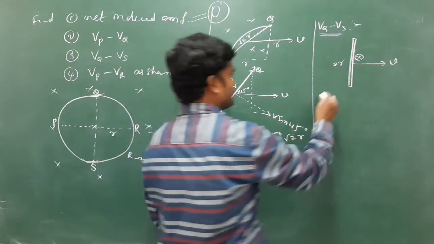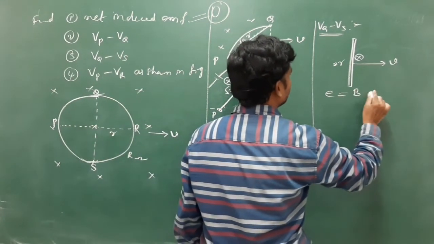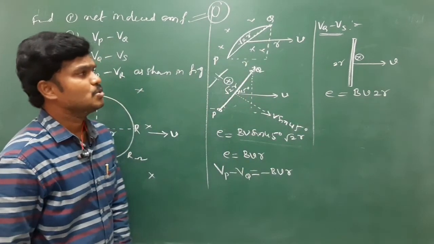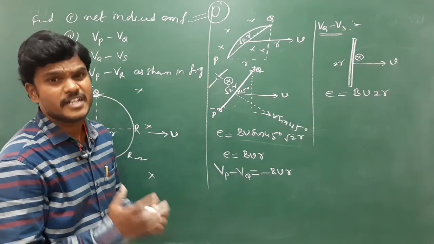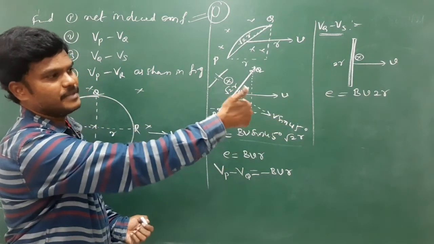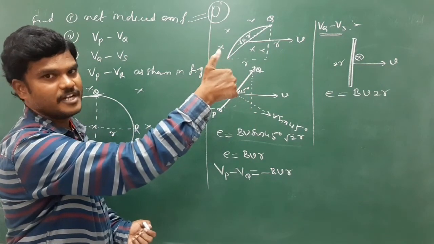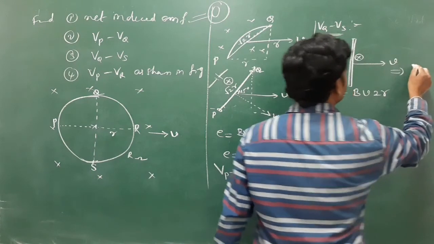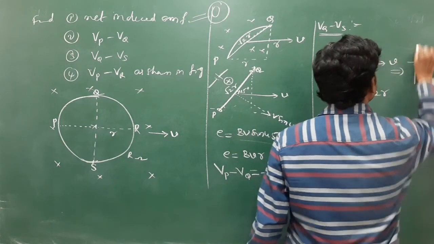Then how much is the EMF? EMF is equal to BVL. L is nothing but 2R. And identify the direction of the induced current. The induced current is upward. V cross B represents the upward direction. Now this can be replaced with a battery symbol, looks like this.